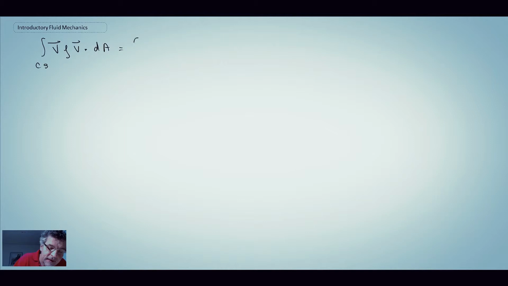And again, just like all other control volume analysis that we've been doing, we have to be careful about the sign of what is flowing in and what is flowing out.